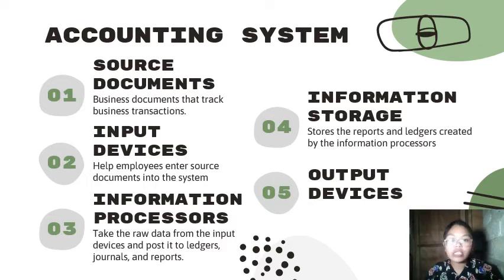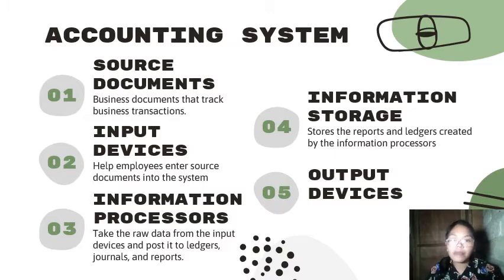Information storage is the component of the system that stores the reports and ledgers created by the information processors. Most modern accounting systems are computer-based, so the storage devices usually consist of servers and hard drives.